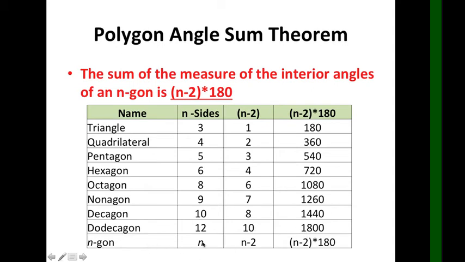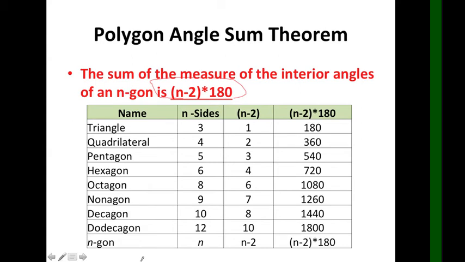For an n-gon, we have n, then n minus 2, and n minus 2 times 180. In short, the formula to get the total measurement of the interior angles of a polygon, or the n-gon, is n minus 2 times 180. So there are so many types of polygons.